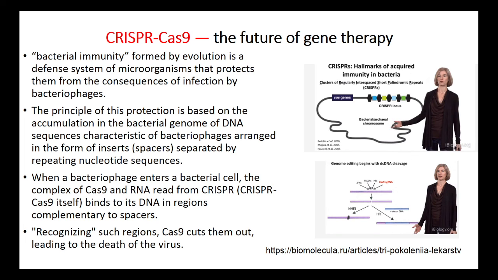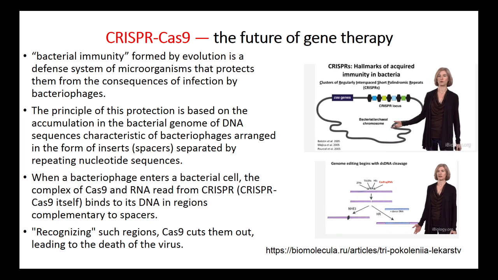The principle of this protection is based on the accumulation in the bacterial genome of DNA sequences characteristic of bacteriophages, arranged in the form of inserts, spacers, separated by repeating nucleotide sequences.